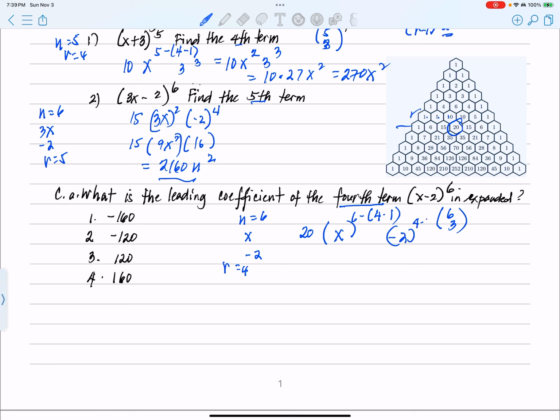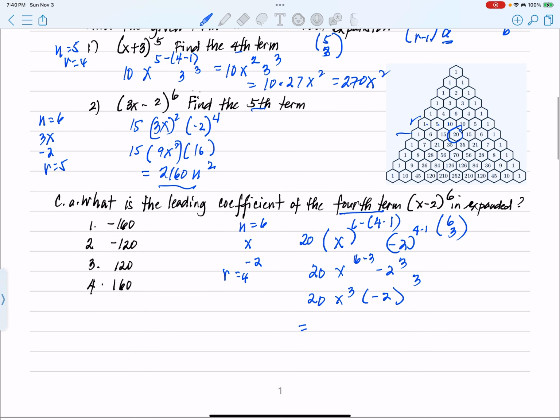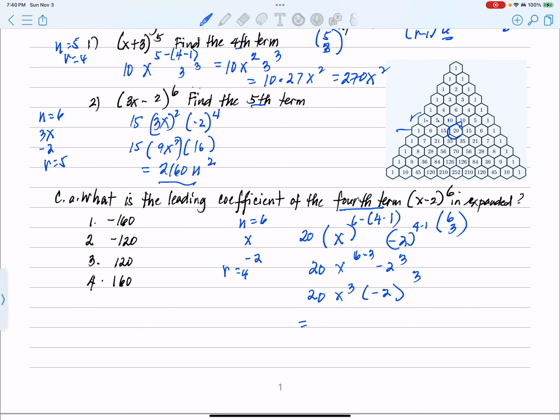So that would become x to the 6 minus 3, 4 minus 1 is 3, then negative 2 to the third, so you have 20 x to the third, negative 2 to the third power. Okay, just follow the formula to write that.